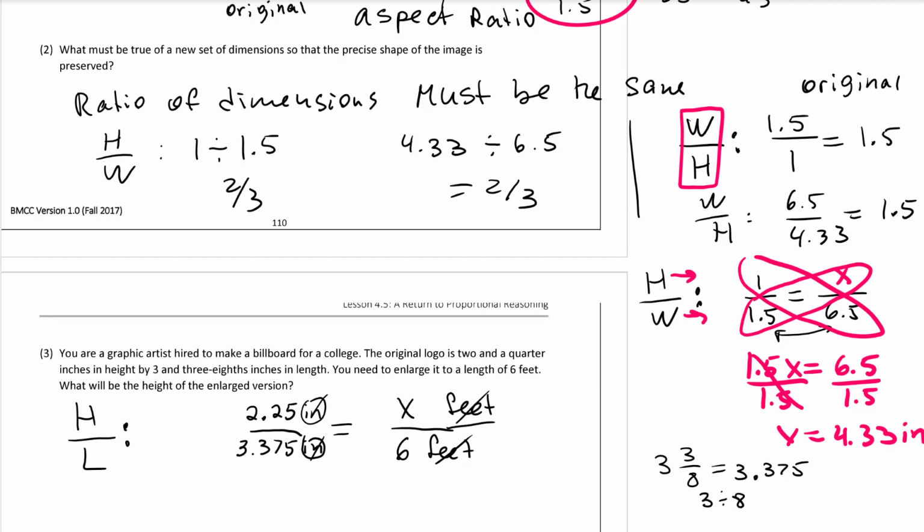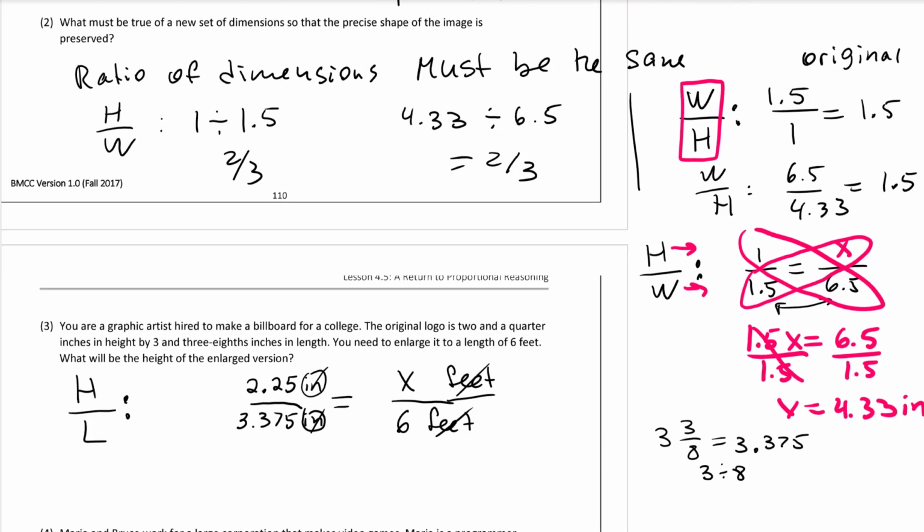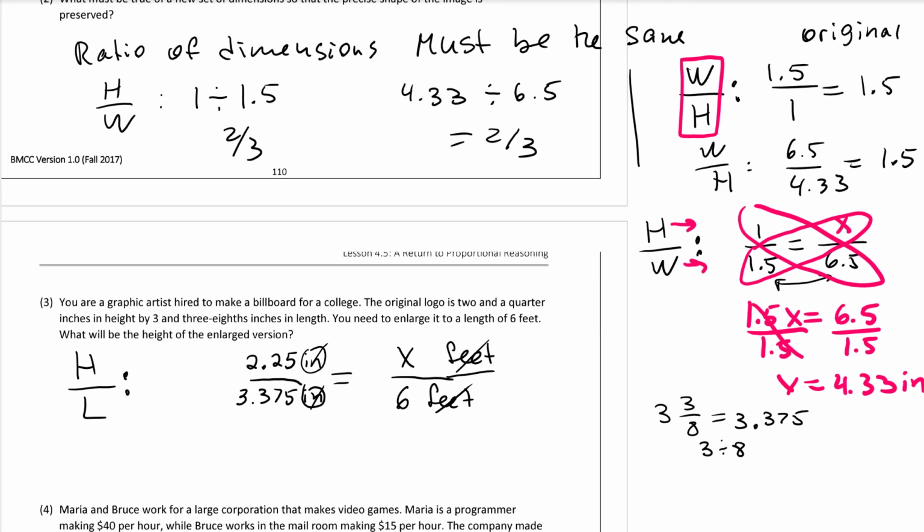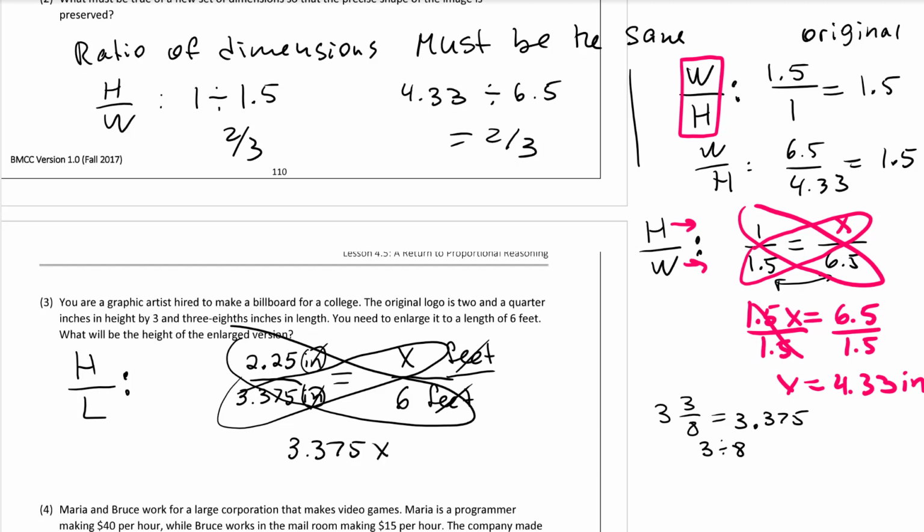Alrighty, I'll give you a moment to solve for x, just using the technique that was introduced a moment ago. Go ahead. Alright, so let's review. We're going to cross multiply, like this, and we get 3.375x equal to 2.25 times 6, and 2.25 times 6 gives us 13.5.